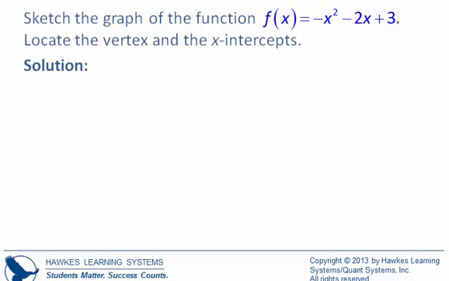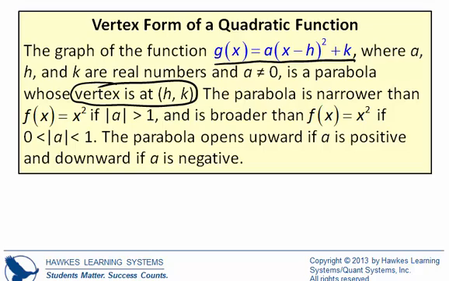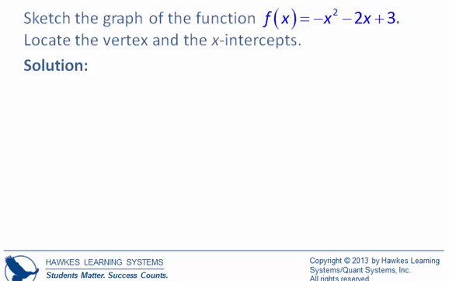All right, so let's say that our problem that we are given is f of x is equal to negative x squared minus 2x plus 3, and we're asked to locate the vertex and the x-intercepts. Now, one thing that I'm going to go ahead and point out is this last statement here that says the parabola opens up if the a value is positive and down if the a value is negative.